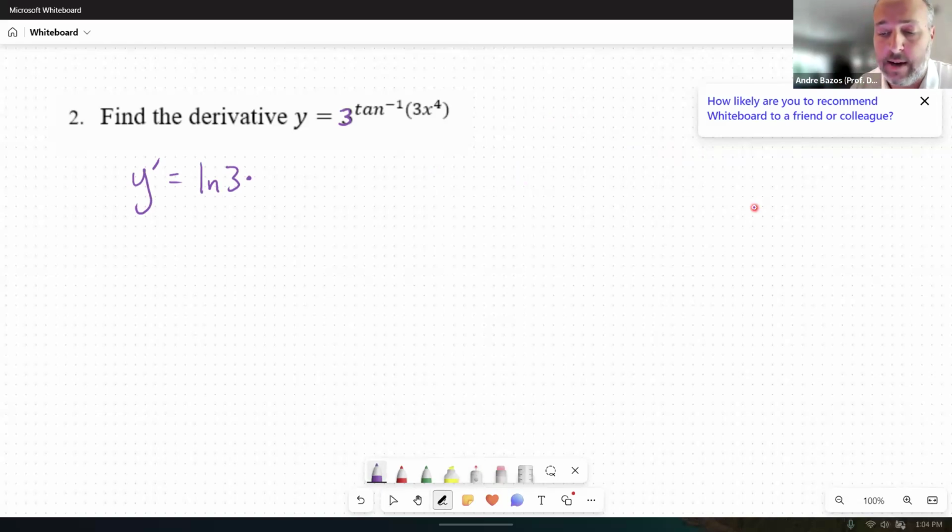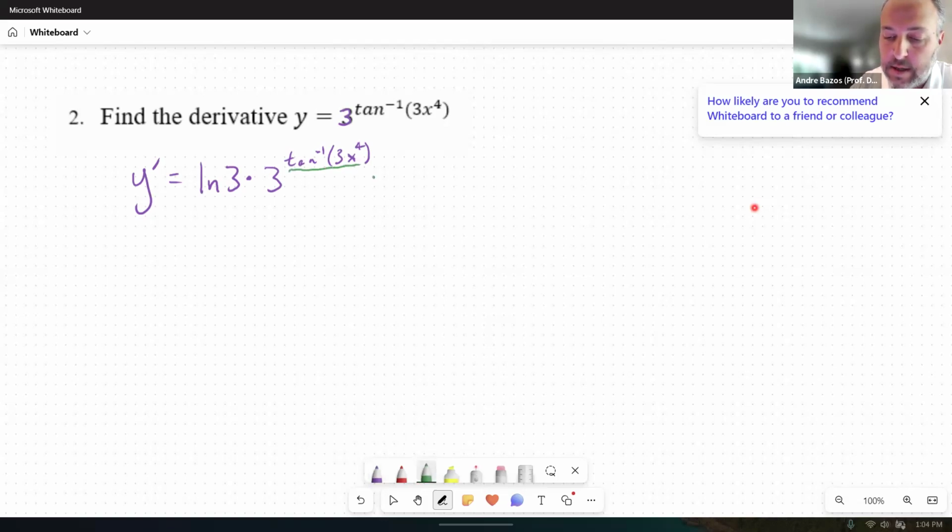That is an L, not an I. And then we have the next piece, the 3 to the u, which is 3 to the tangent inverse of 3x to the 4th. And then we have times the derivative of this stuff.